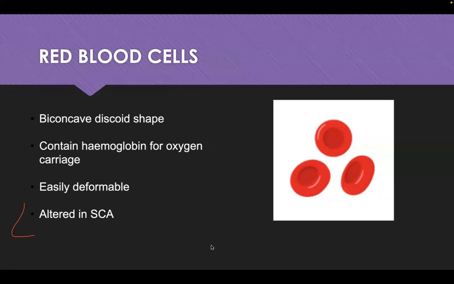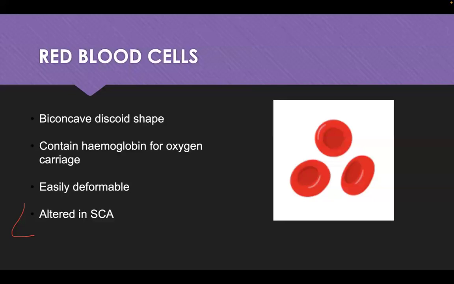And that means it can maximize its surface area so it can be more efficient for oxygen exchange and for carbon dioxide exchange. And they're also full of hemoglobin, they lack a nucleus and mitochondria to ensure maximum oxygen carrying capacity. They're also easily deformable, and this means that they can squeeze through tiny capillaries without breaking.